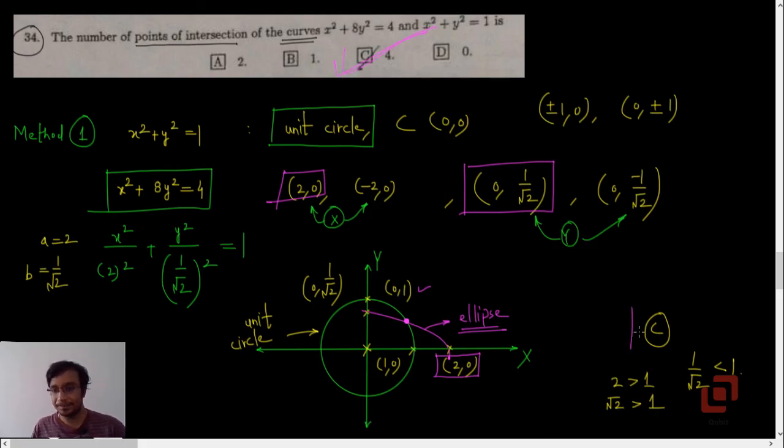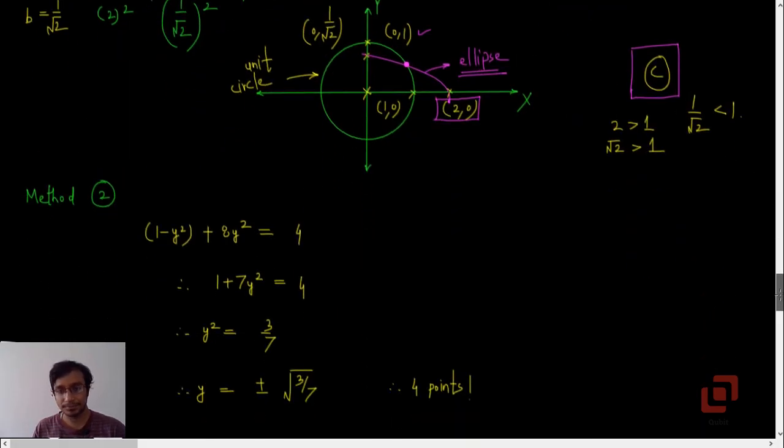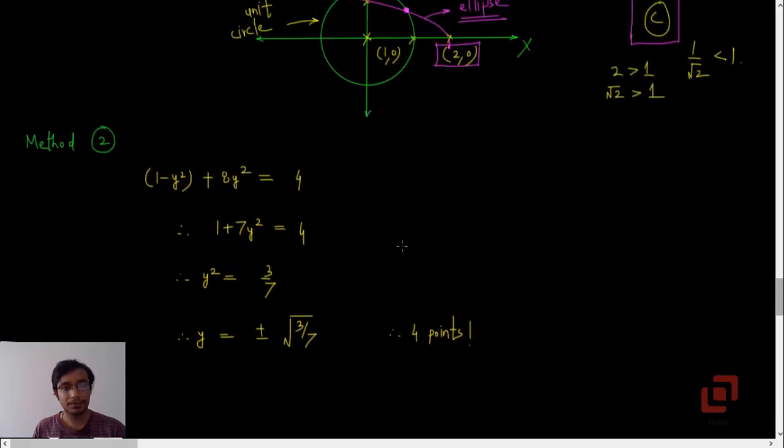That is option C. Okay, a simple problem. So this was the first method where we used the geometry to solve the problem. Now let us use algebra. That is, we will try to solve the equations of these two curves simultaneously.